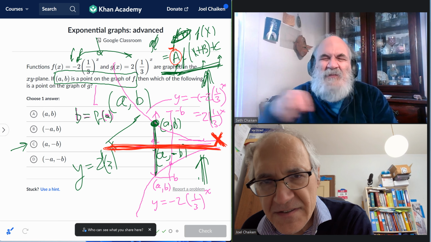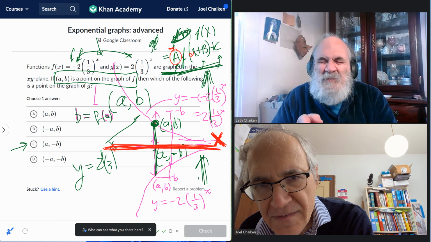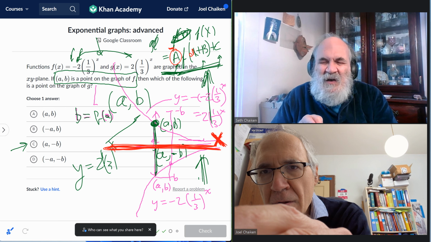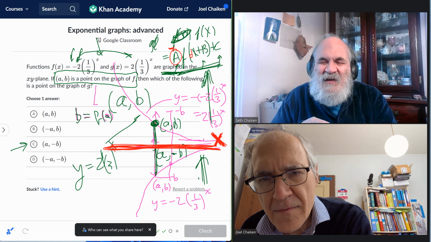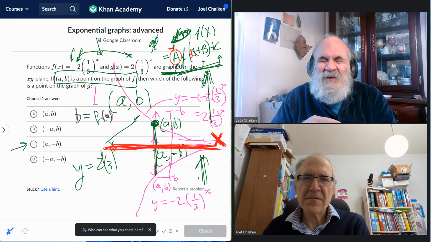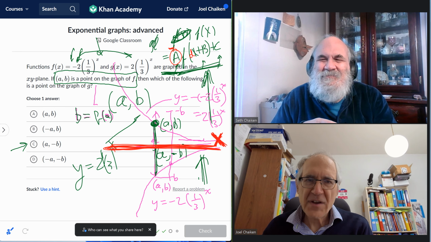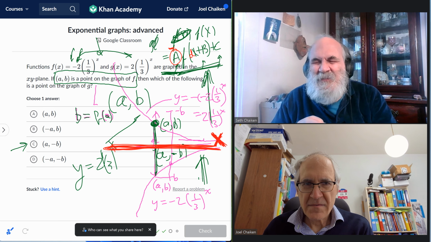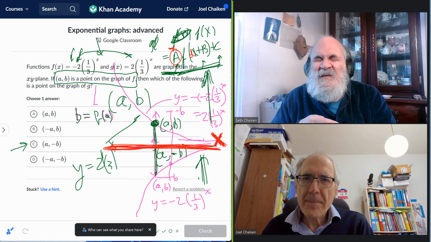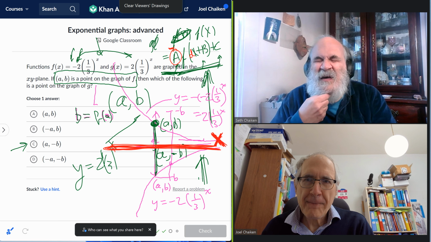And now if you interchange x and y, that flips the graph across the positive diagonal. And then if you replace, say, x by y and y by -x, then it flips it around the negative sloped diagonal.